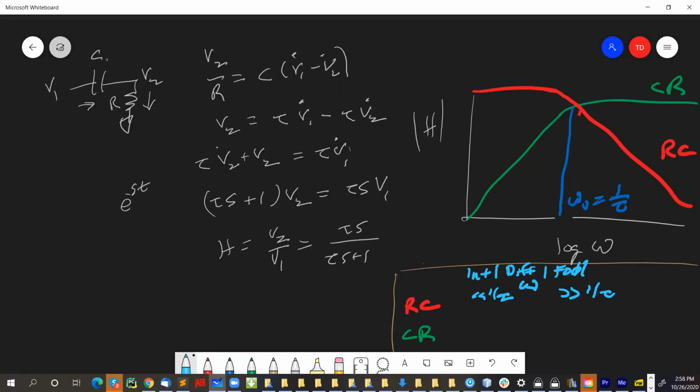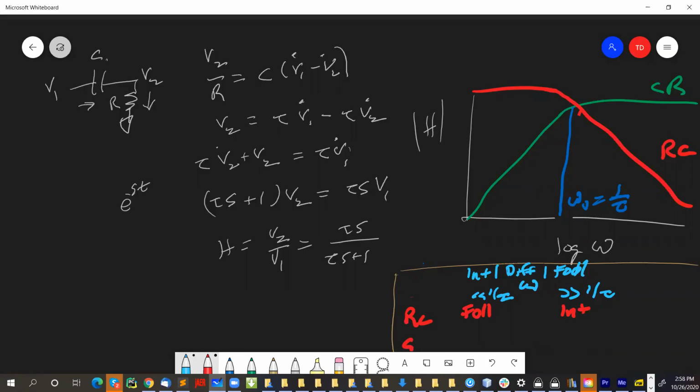This RC low pass filter. Just a follower, right? It exactly copies the input voltage. So the RC low pass for low frequencies acts like a follower. It's for high frequencies that it acts like an integrator.